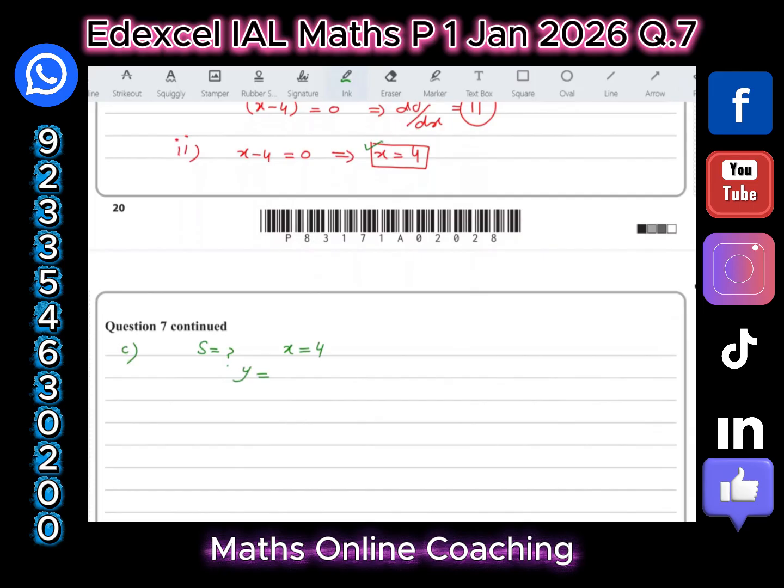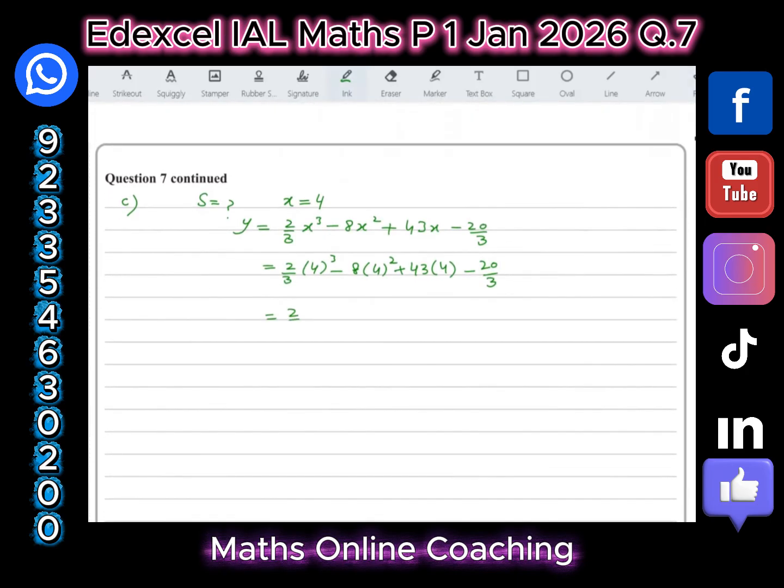The equation for y is 2/3 x cubed minus 8x squared plus 43x minus 20/3. Using x is equal to 4 in this equation: 2/3 times 4 cubed minus 8 times 4 squared plus 43 times 4 minus 20/3.